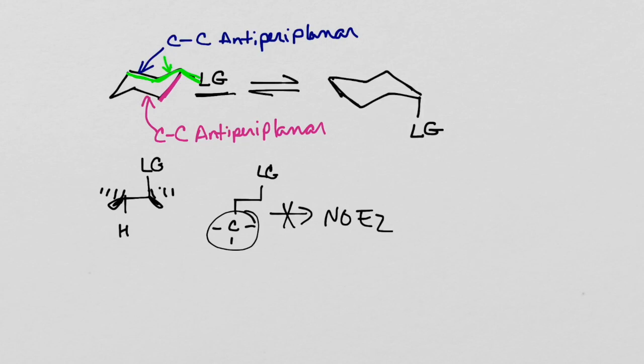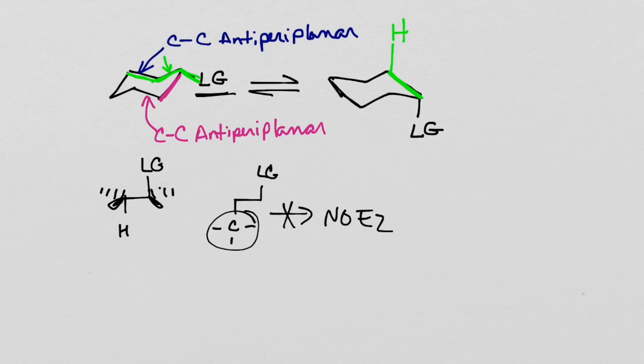However, if you put this into a chair flip and move that puts your leaving group axial, now what you're going to see when you run your Newman projection down this bond is that what is now anti-periplanar to that leaving group is the axial hydrogen on that adjacent carbon.